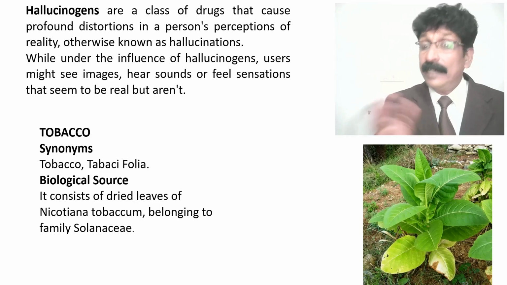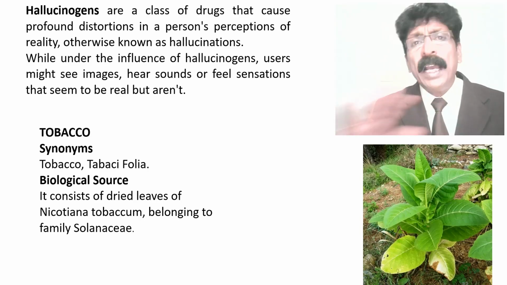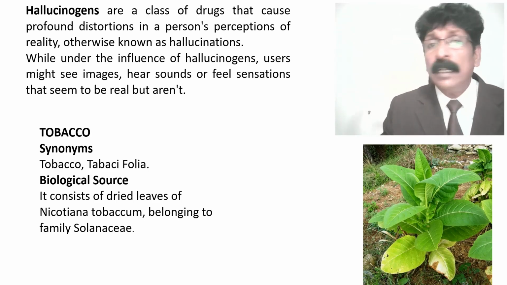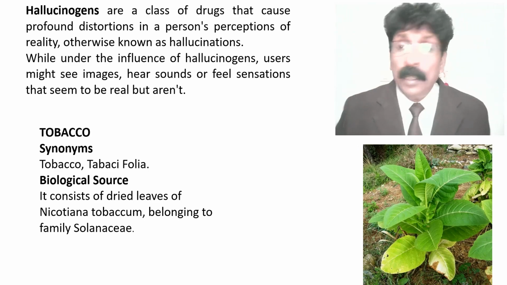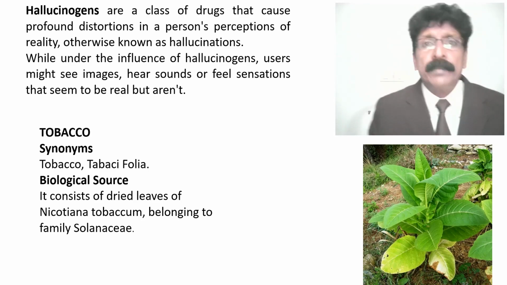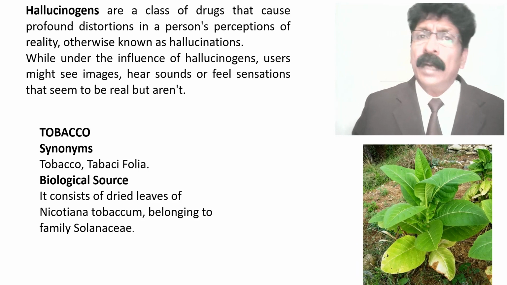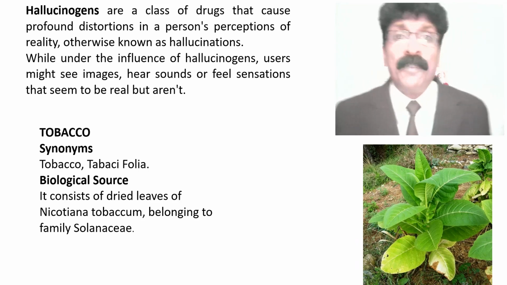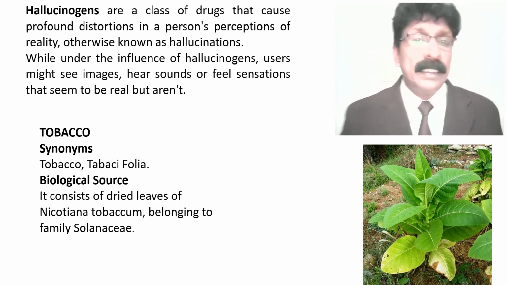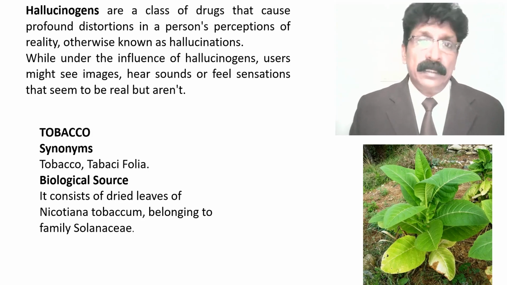This leaf grows in a temperate climate in tropical regions, especially in Tamil Nadu. You can see it cultivated more in the Dindigul area, and it is used for chewing, exported, and used for manufacturing cigarettes and many other products, even drugs. It has a drug effect, the isolated nicotine.